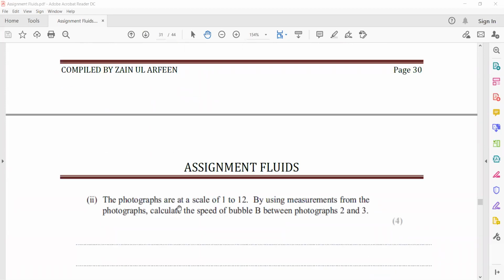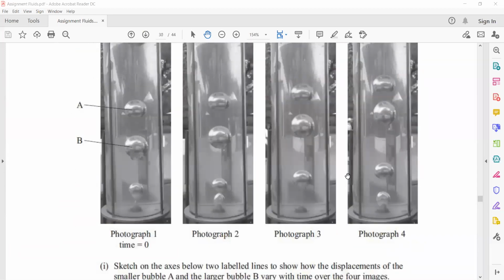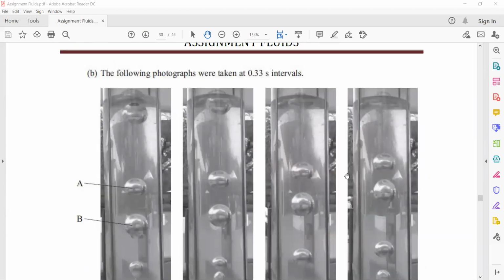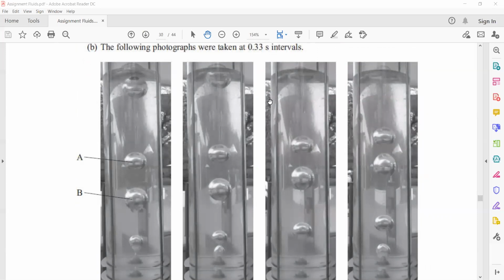The photographs are to scale 1 to 12. Use measurements from the photographs to calculate the speed of the bubble between photographs 2 and 3. The time interval is 0.33 second. You compare the distance traveled by the bubble.